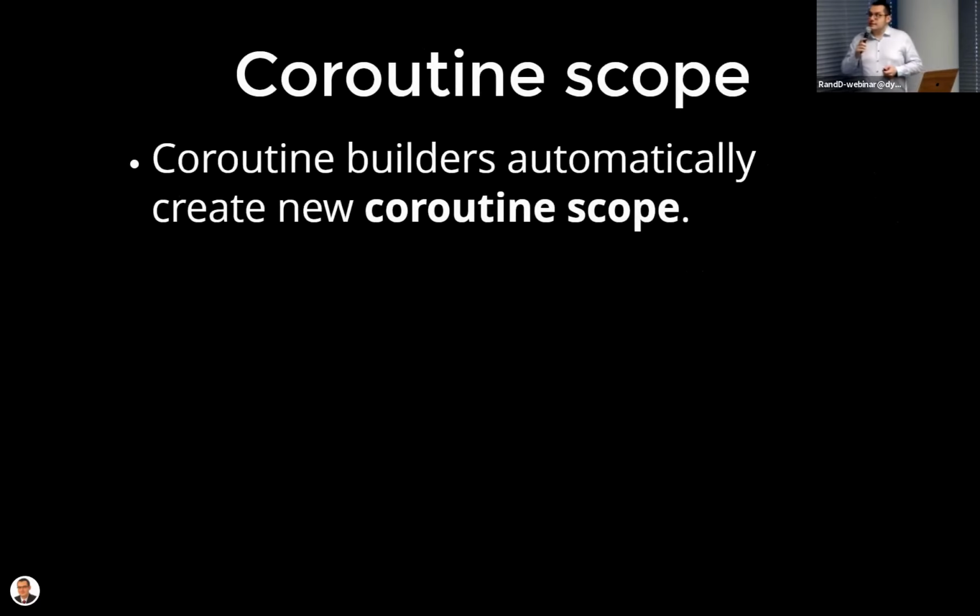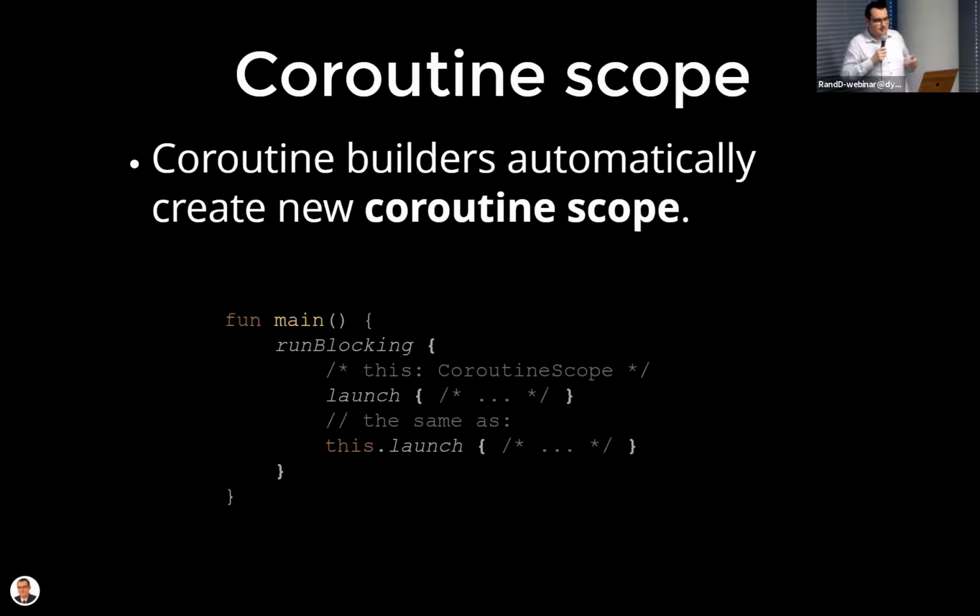Okay, so now let's talk about coroutine scope. Coroutine builders that we've seen already automatically create a new coroutine scope. And this is within the scope, as you could suspect.